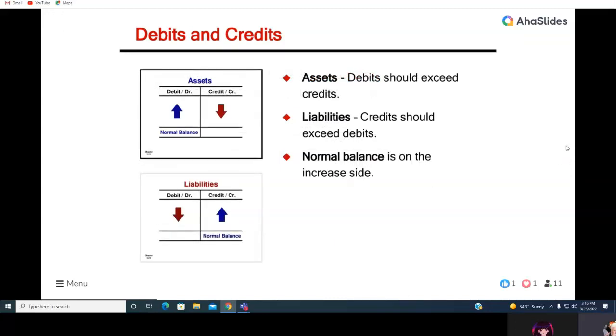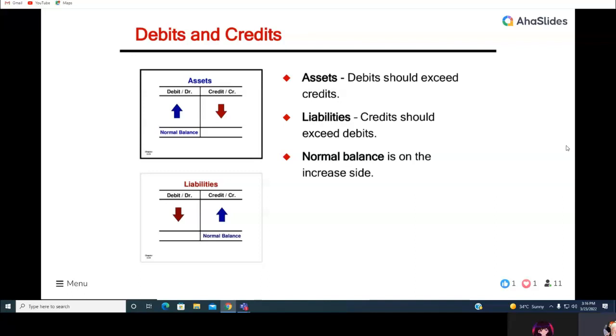Now, here are the debit and credit rules. You recall the balance sheet equation. Think of it this way. Assets equal liability plus equity. Think of that equal sign. On the left-hand side of the equal sign are assets.